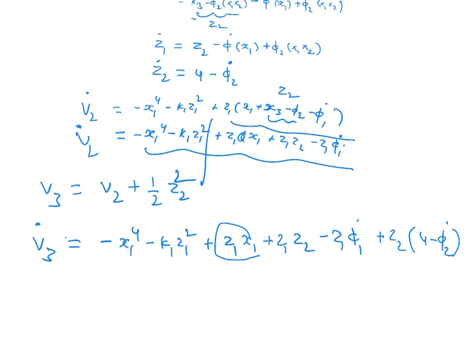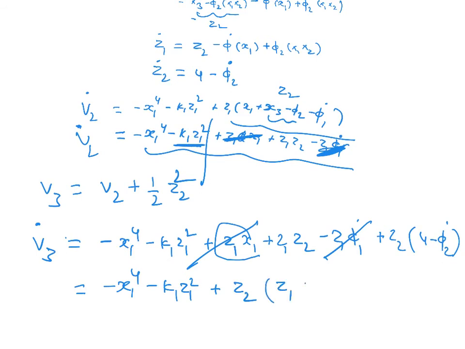Yeah, this term should have been cancelled earlier on, because when this goes here, this term should not have been here. Yeah. For now, we'll verify later on, but let's say these terms are not there. Then it becomes minus x1^4 minus k1 z1 squared plus z2 outside. You have z1 plus u minus phi2 dot.